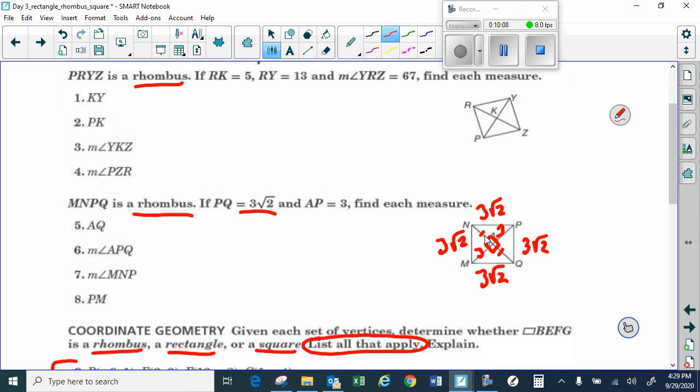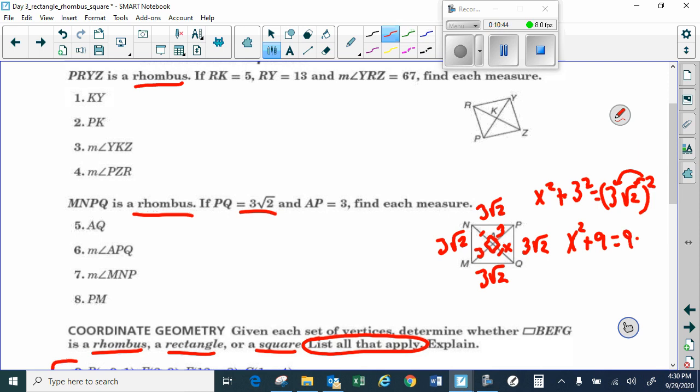Now, to find this length for the middle AQ, I can use the Pythagorean theorem because I have a right triangle there. We'll just call this x. So I'd have x squared plus 3 squared equals 3 root 2 squared. Now I have x squared plus 9 equals, remember that means I have to distribute the 3 through both of these.